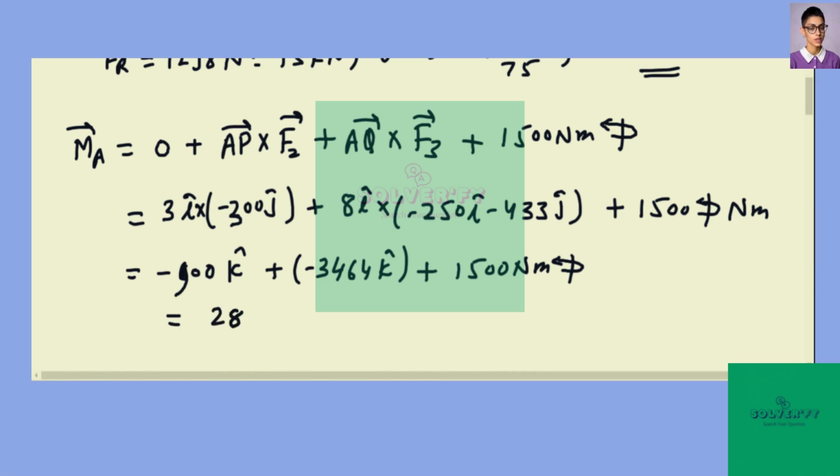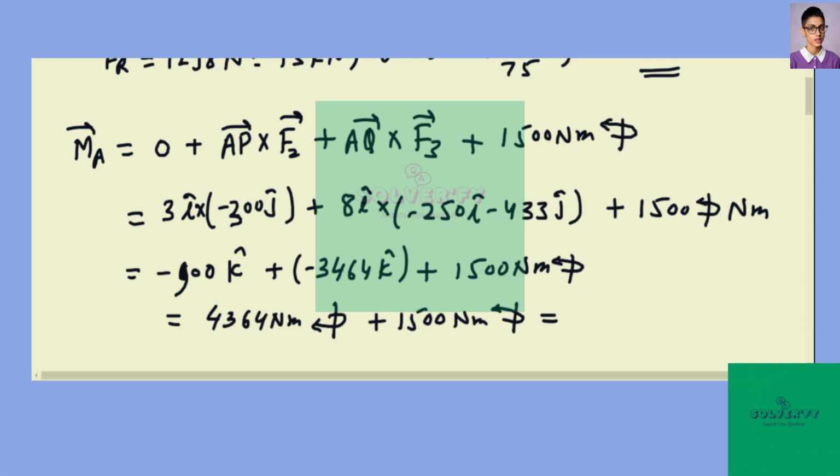You can write this as 4364 Newton meter in the clockwise direction, and this is 1500 Newton meter in the anti-clockwise direction.